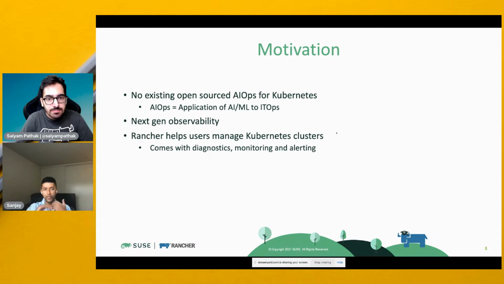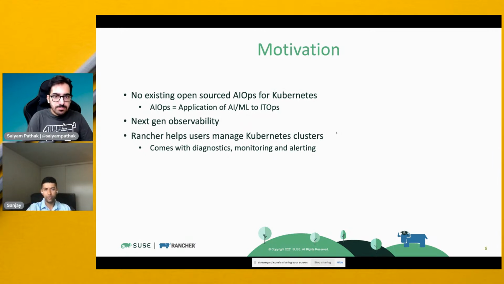We also believe that the next gen of observability tools is not only going to be displaying signals in a nice looking dashboard, but rather there's going to be AI and ML involved, and it's going to tell you which of those signals is most important to you, because depending on what workloads you're running, some signals will be more important than others. So we really believe that next gen observability is going to include AI and machine learning. And so that's what we're hoping to build out with the Opni project.